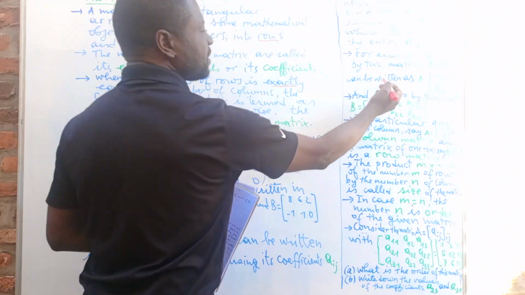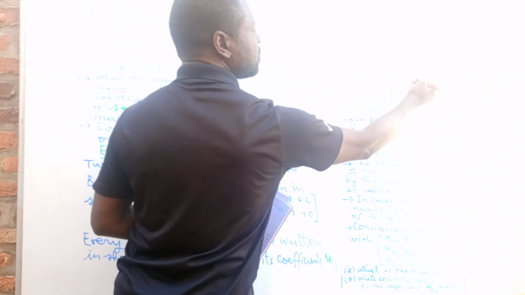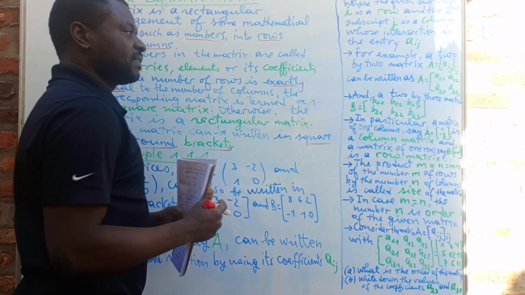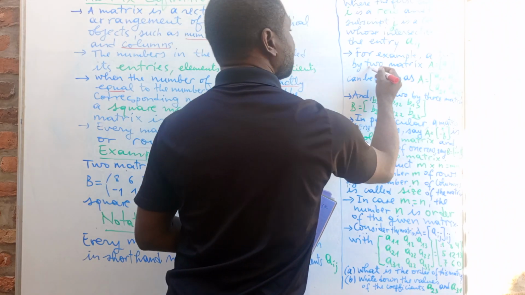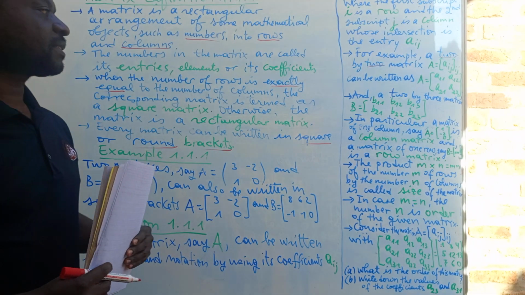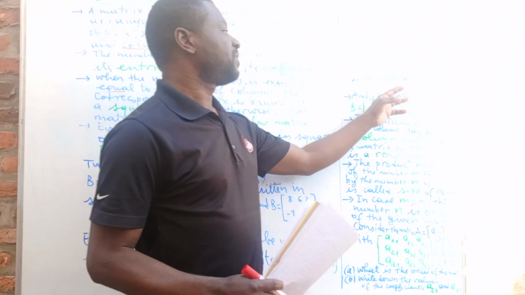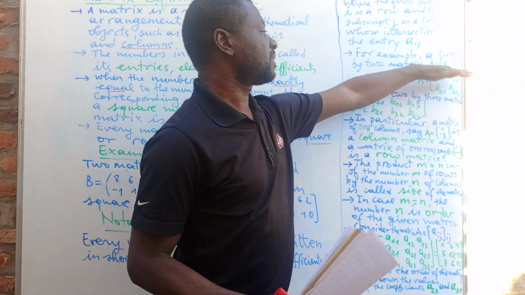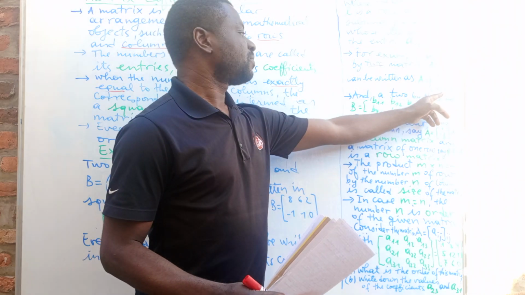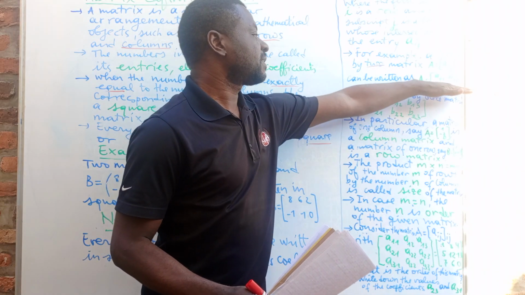For example, a 2 by 2 matrix, which means it has 2 rows and 2 columns, can be written as a11, a12, making the first row, and a21, a22, making the second row.